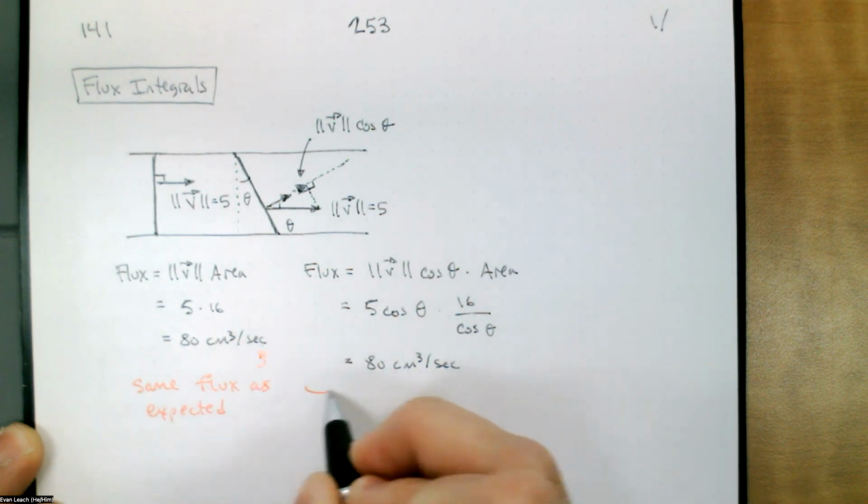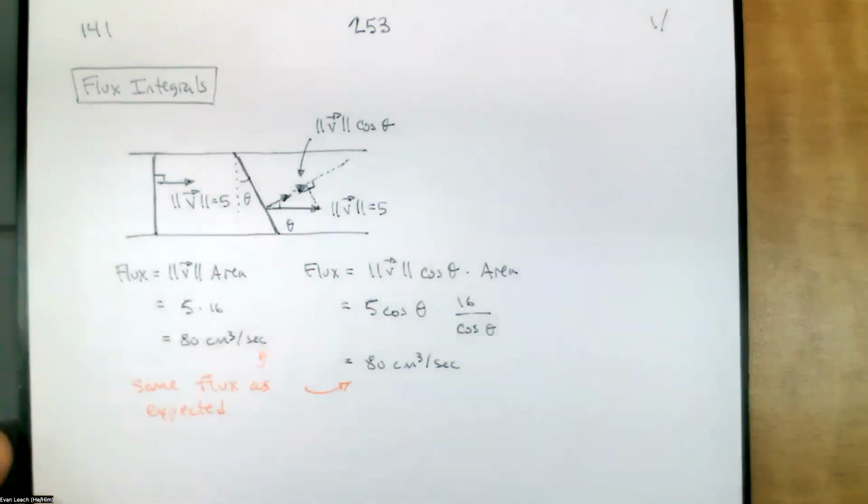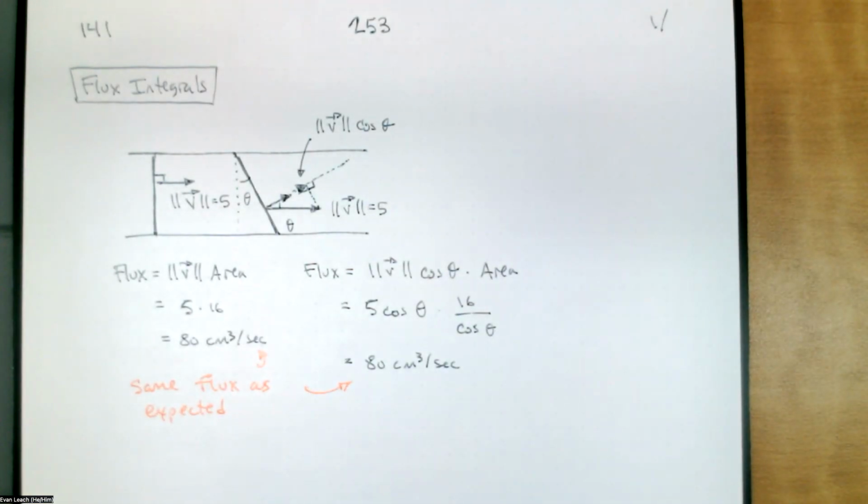So we got the same flux, and this was as expected. This is what we wanted to have happen. There'd be a flaw in our thinking or our method if they didn't come out the same, because what this is intended to measure is the flow of water through the pipe. The water through the pipe is not going to change and slow down or speed up if we change the angle at which we're measuring the water flowing through the pipe.